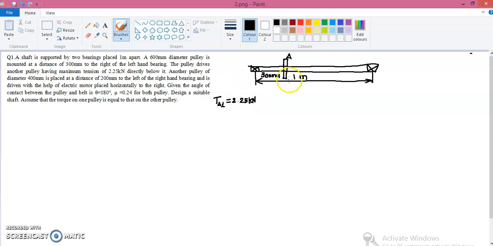Now, next it is given that another pulley of diameter 400 millimeter is placed at a distance of 200 millimeter to the left of the right hand bearing. So this is our right hand bearing. From this point we have to take a distance of 200 millimeters to the left. So this distance is equal to 200 millimeter.